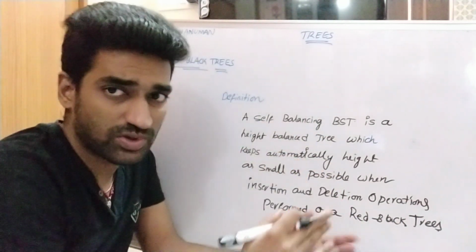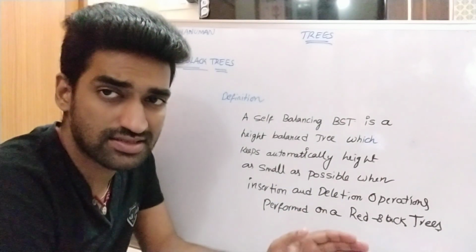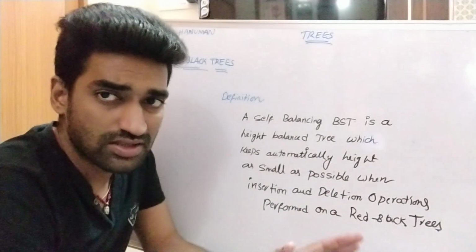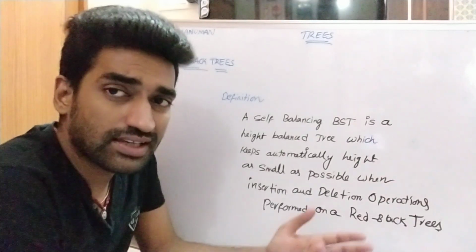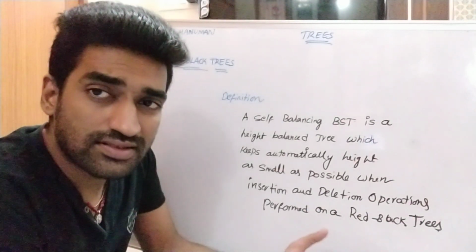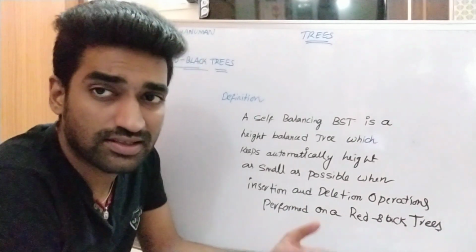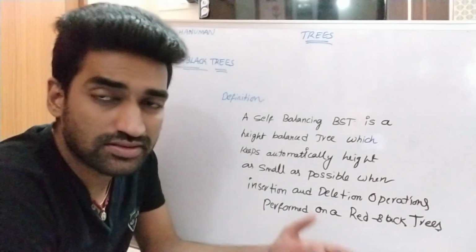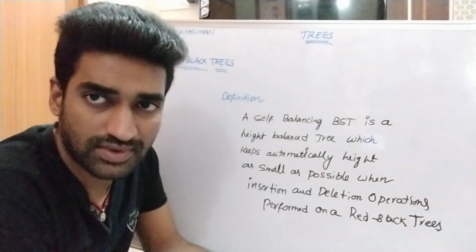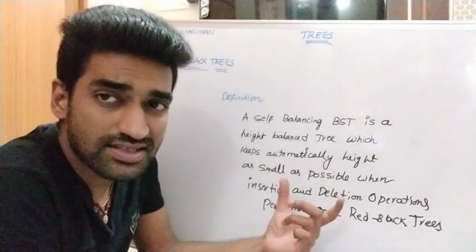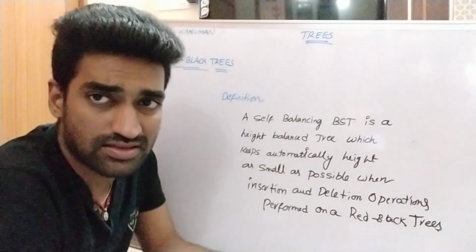Here it is as small as possible, but not exactly 0, 1, -1. That's why all red-black trees are not AVL trees, but all AVL trees are red-black trees. Once we apply one extra attribute, the color property, to an AVL tree, that tree is said to be a red-black tree. So simply, AVL trees are a subset of red-black trees, right?